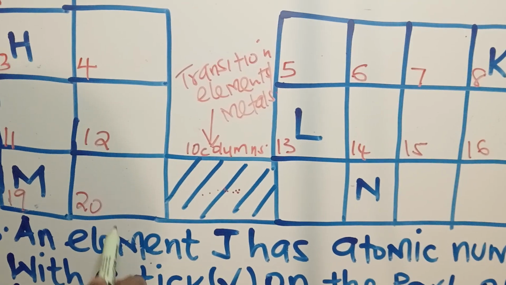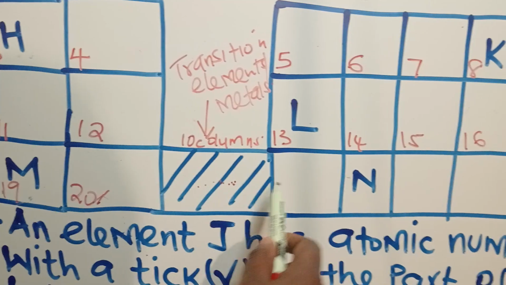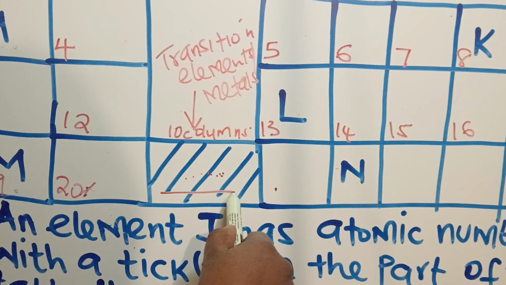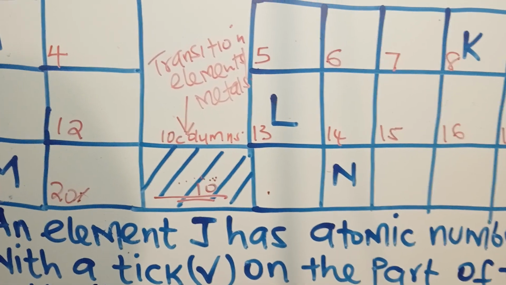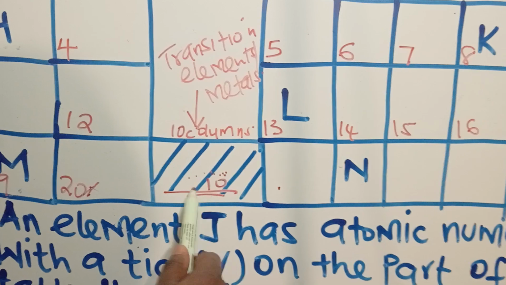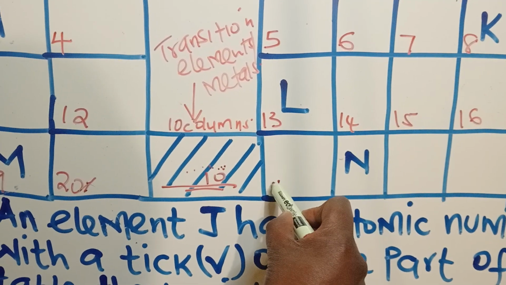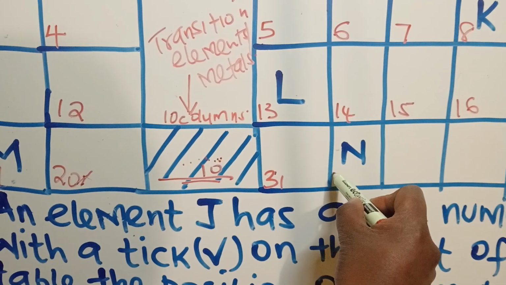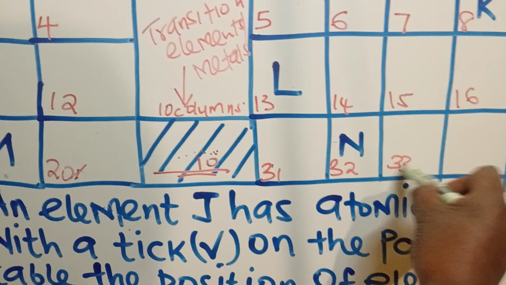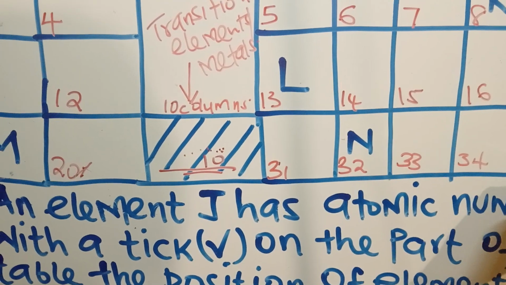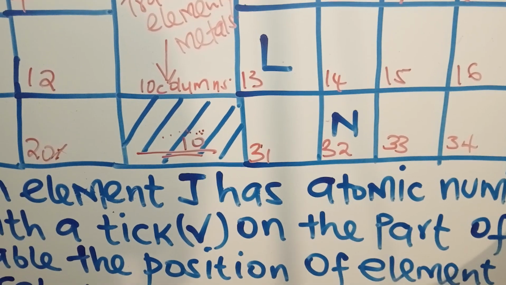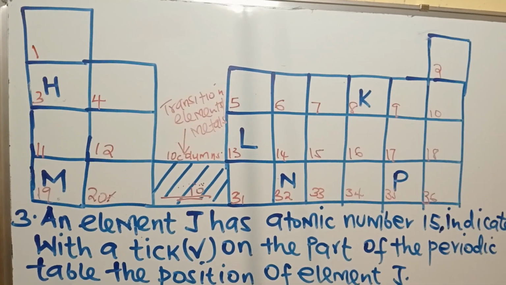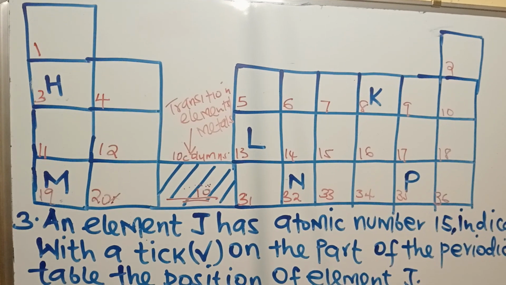So from this number 20, by the time we reach this space, we will have 20 plus these 10 columns, meaning this one will be atomic number 31. Then we have that 2, that 3, that 4, that 5, and then that 6 on the far end. So this is just a recap of what we did last time.